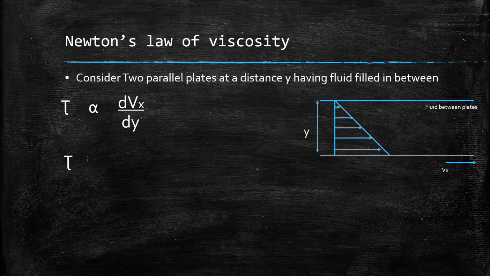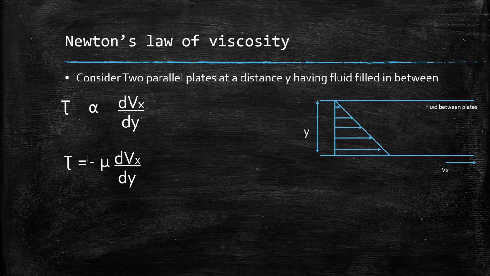Now, expanding the same equation, let us say mu is the constant of proportionality and there is a minus sign attached to this equation. Now, why the minus sign? This minus sign represents the change in velocity because v2 is going to be a lower value than v1.